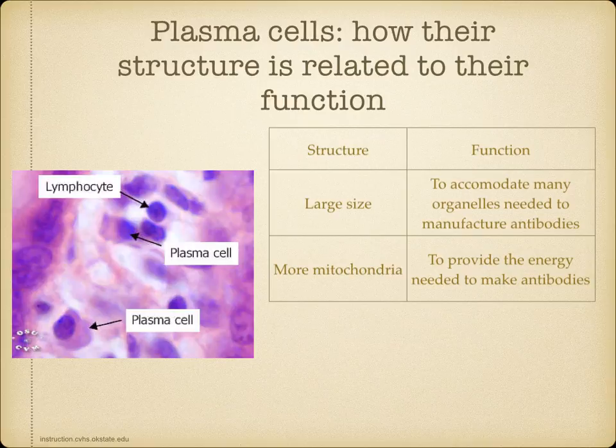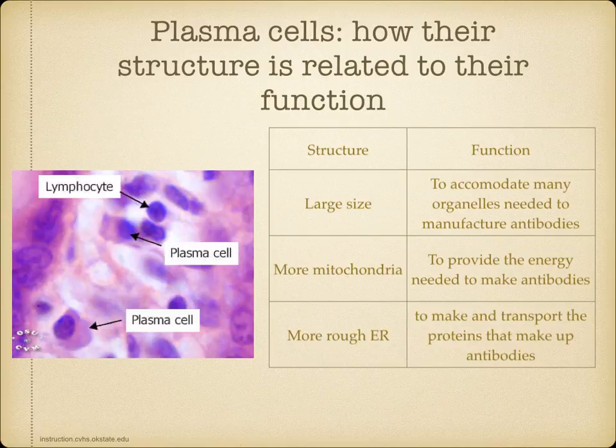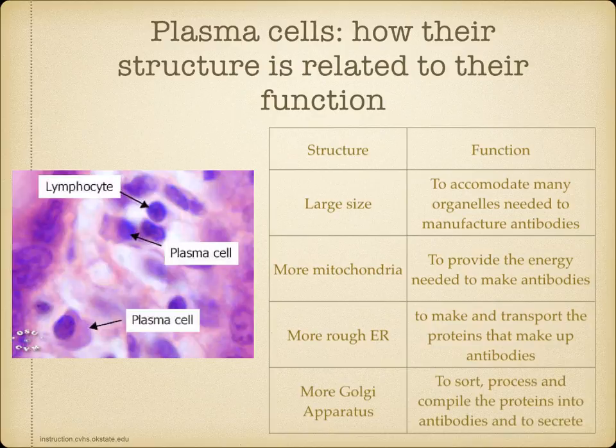They've got more mitochondria to provide the energy needed to make antibodies. They've got more rough endoplasmic reticulum. This is to make and transport the proteins that make up the antibodies. And they've got more Golgi apparatus. This is to sort, process, and compile the proteins into antibodies so that they can be secreted.